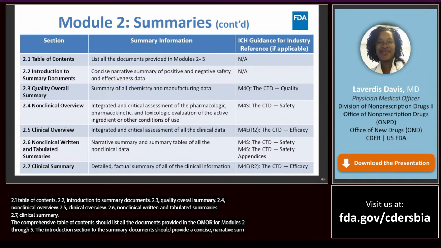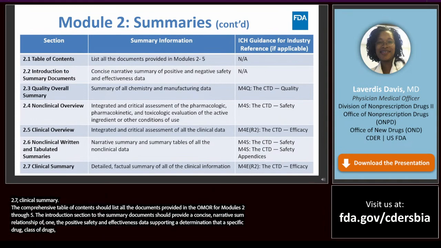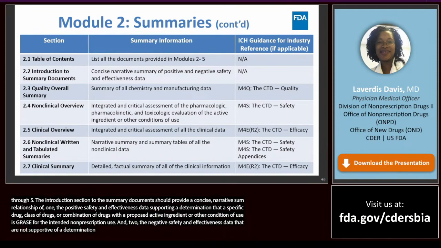The positive safety and effectiveness data supporting a determination that a specific drug, class of drugs, or combination of drugs with a proposed active ingredient or other condition of use is GRACE for the intended non-prescription use, and 2. The negative safety and effectiveness data that are not supportive of a determination that the specific drug, class of drugs, or combination of drugs, or other condition of use is GRACE.